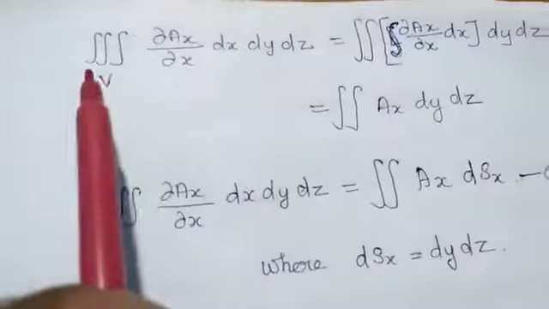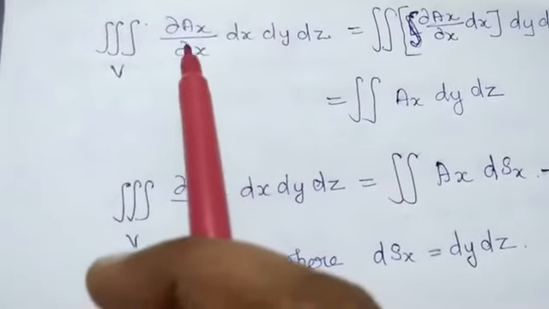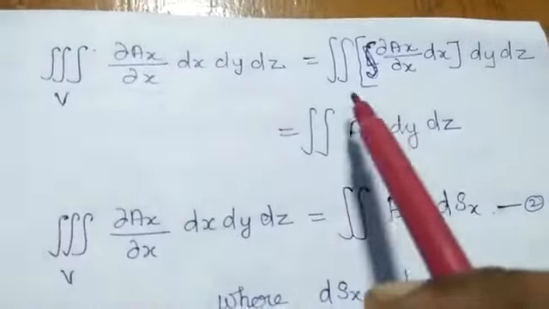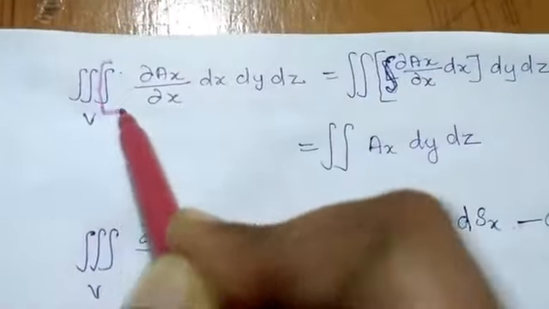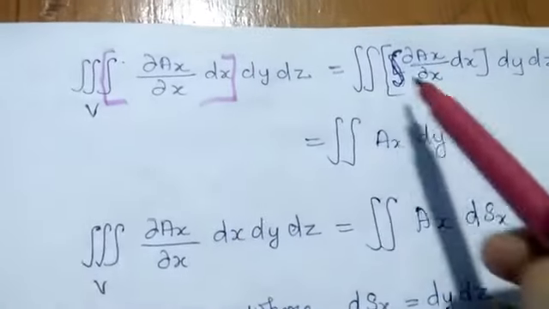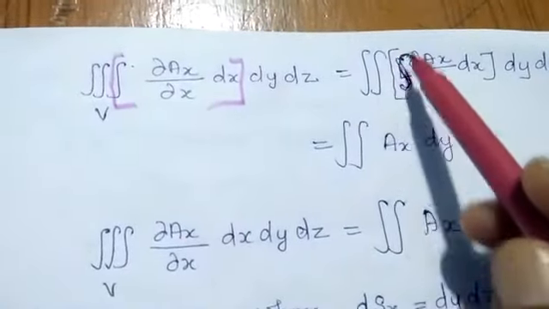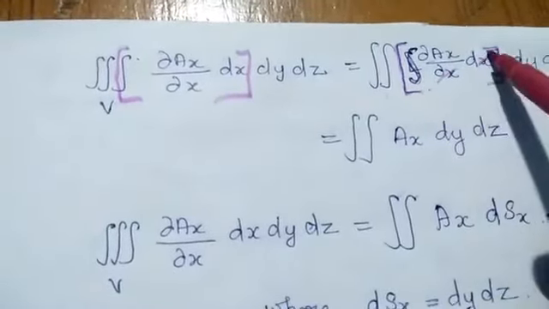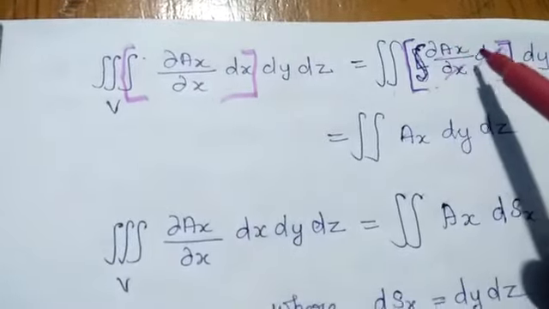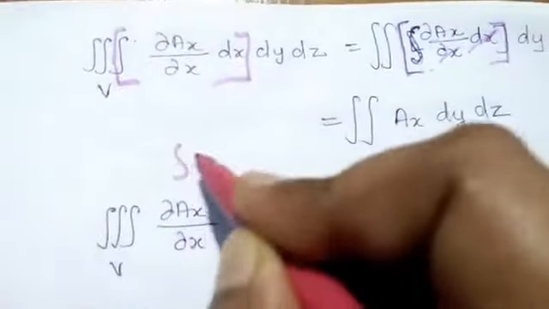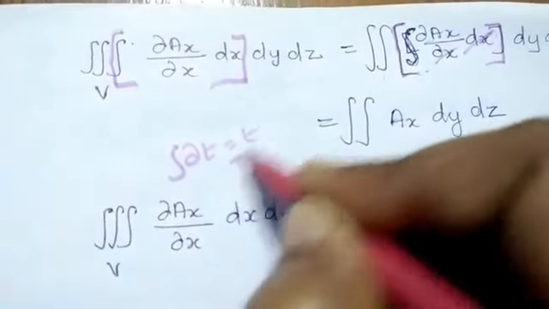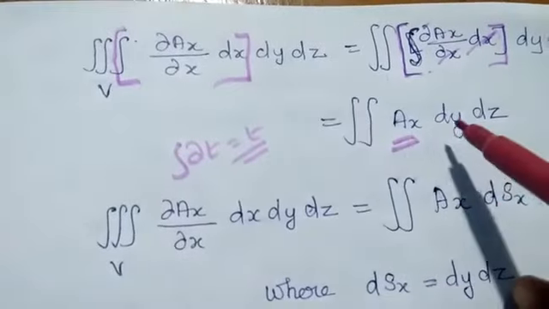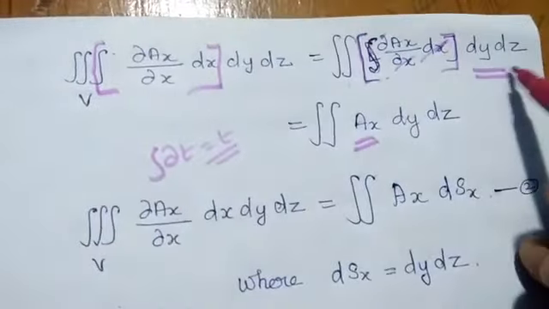First we take the volume integral of dou Ax by dou x dx, dy, dz. In this one, I am going to take this part alone first: the surface integral, that is a double integral. We can cancel dou x with dx, and the integral of dou Ax is nothing but Ax, correct? The integral of dou t is nothing but t. So the integral of dou Ax is Ax into dy dz.